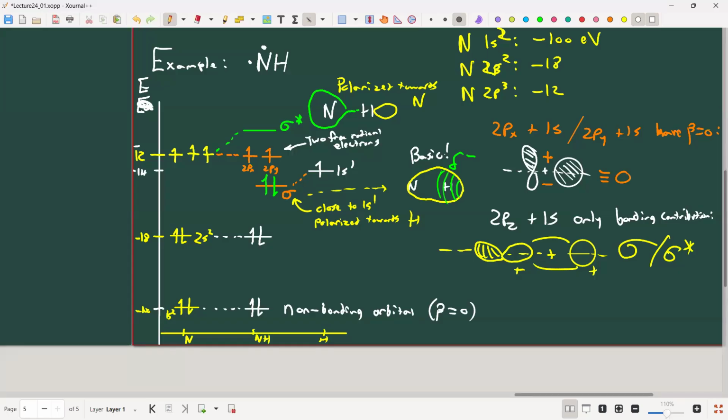Now we have a complicated structure, right? Because ammonia has this methane-like structure. It's got three hydrogens in an umbrella and a lone pair sticking up. It's non-planar. It's not so obvious how we combine the orbitals together, because now they're not all on a line, 90 degrees to each other. It's very easy to add things like that. Now we've got things at angles and different combinations.